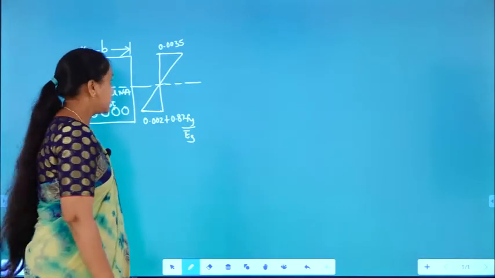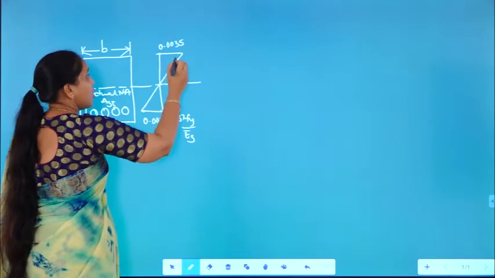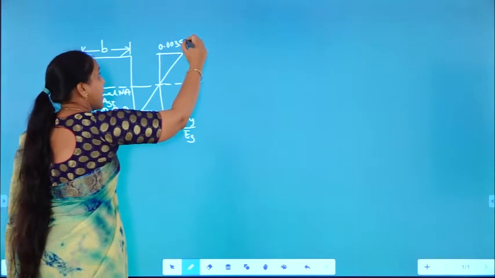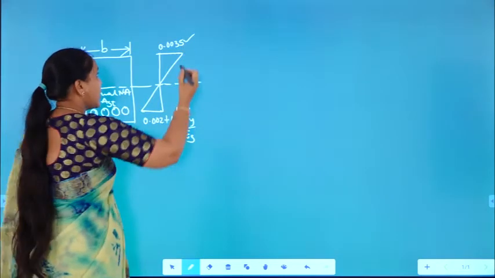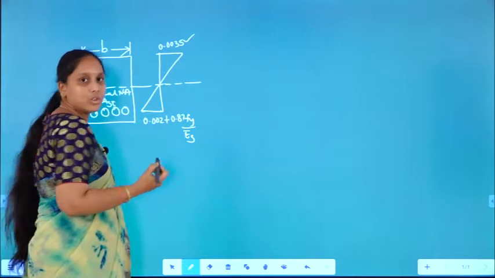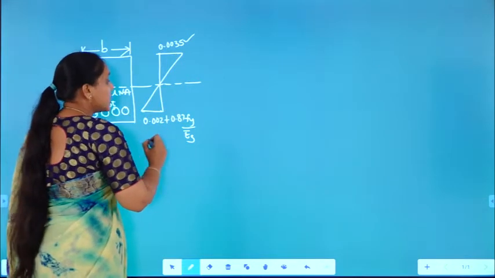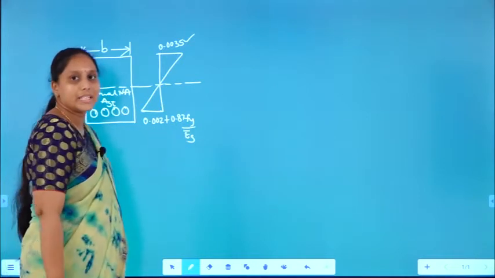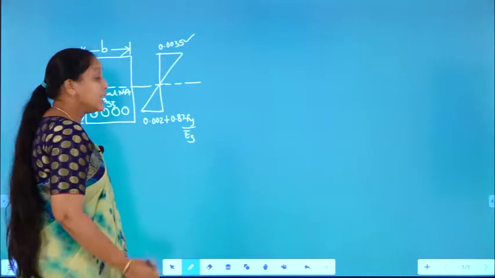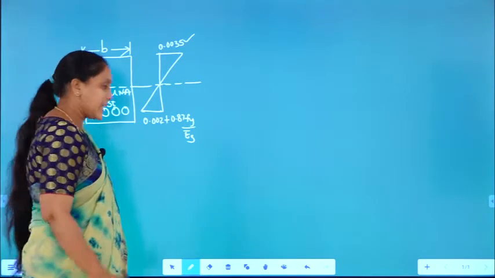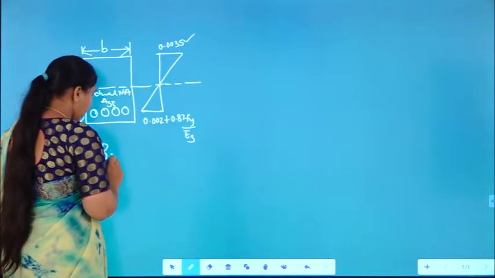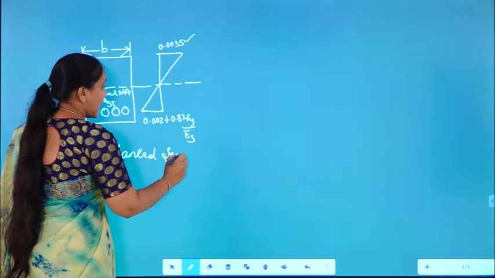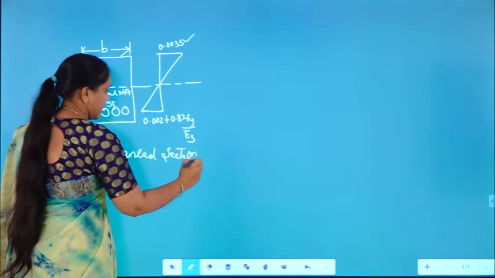In a balanced section, the concrete is going to reach its maximum strain value of 0.0035 and the steel is going to reach its maximum strain value of 0.002 plus 0.87 fy by Es at the same time. Such a section is called a balanced section.